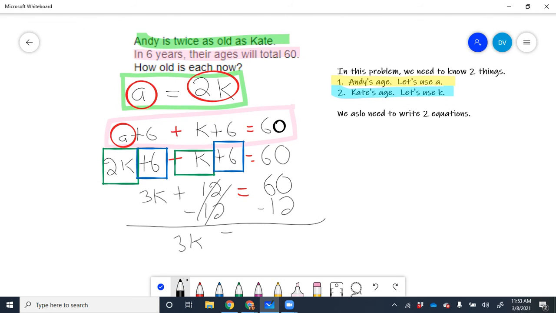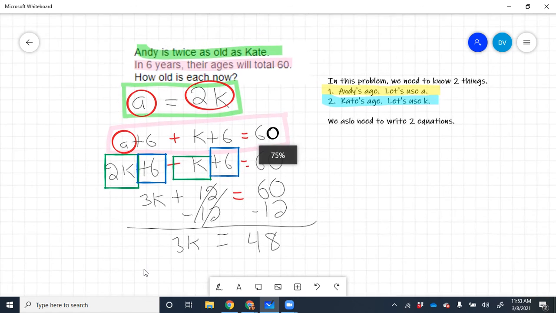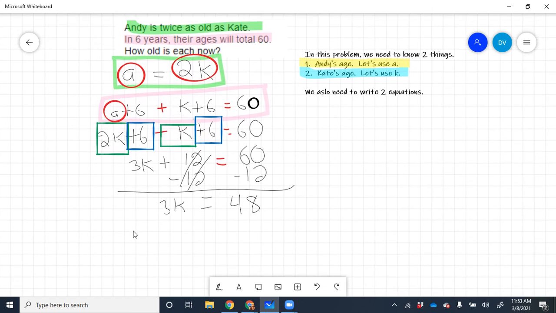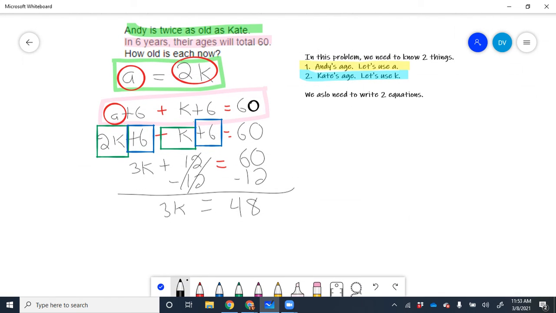Okay. So the only thing we need to do now to get K is to divide both sides by 3. And 48 divided by 3 is 16. And that's part of what we wanted to find. Let me just highlight it with blue over there.